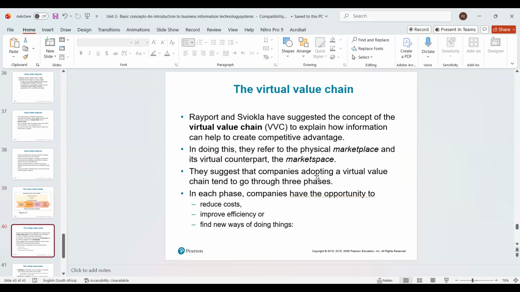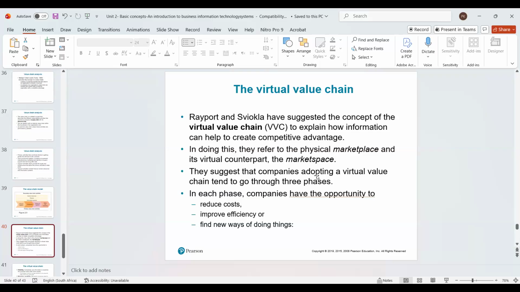All right, so Rayport and Sviokla suggested the concept of the virtual value chain, the VVC. So instead of the value chain, they believe in a virtual value chain, which they try to explain how information can help create competitive advantage.